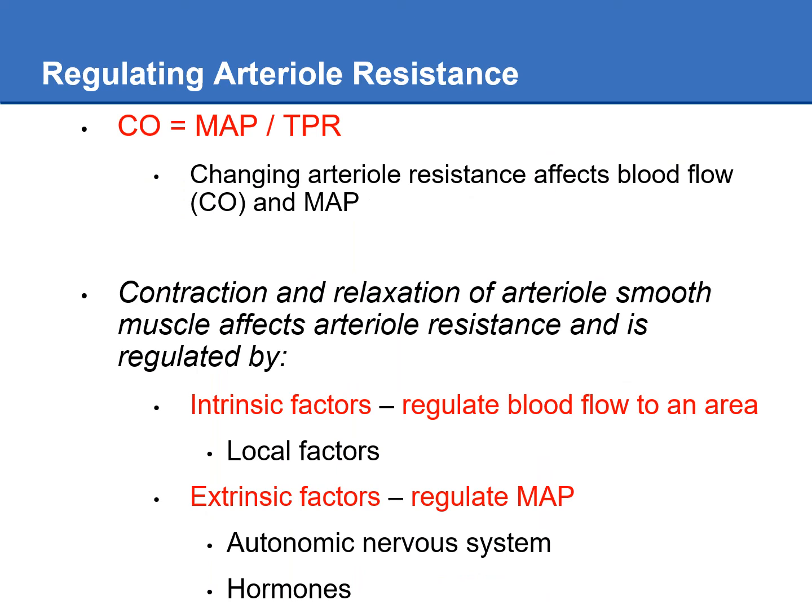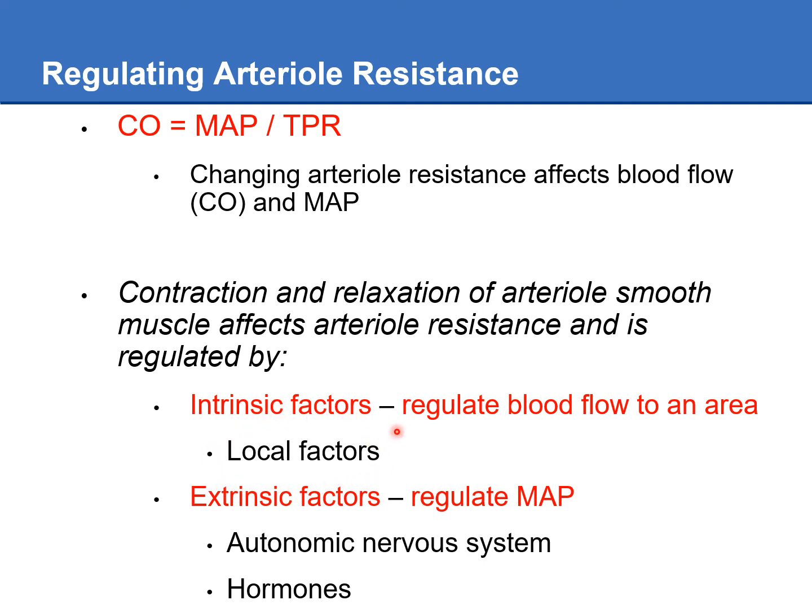Okay, as far as regulating the resistance of the arterioles, we're going to be either relaxing or contracting the smooth muscle, so either vasodilating or vasoconstricting. And that's going to be controlled by two things. The intrinsic factors are things that are in the local area of the blood vessels. These would be local factors, for example, oxygen and carbon dioxide levels.